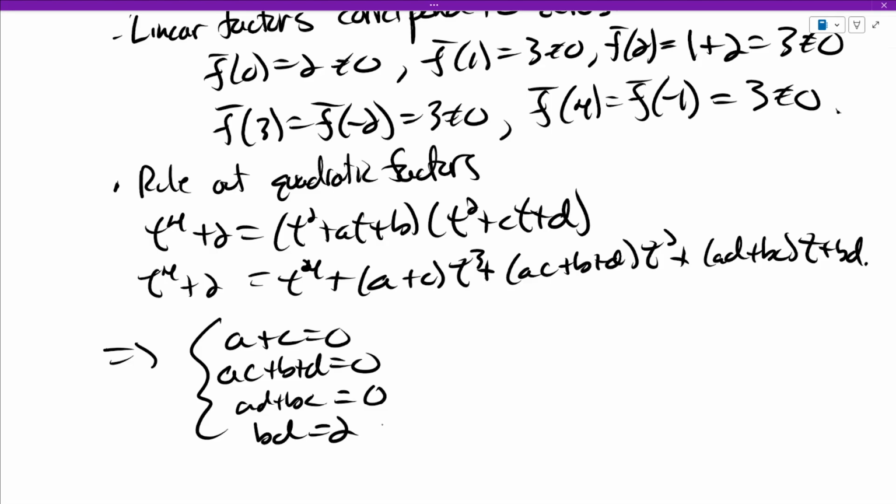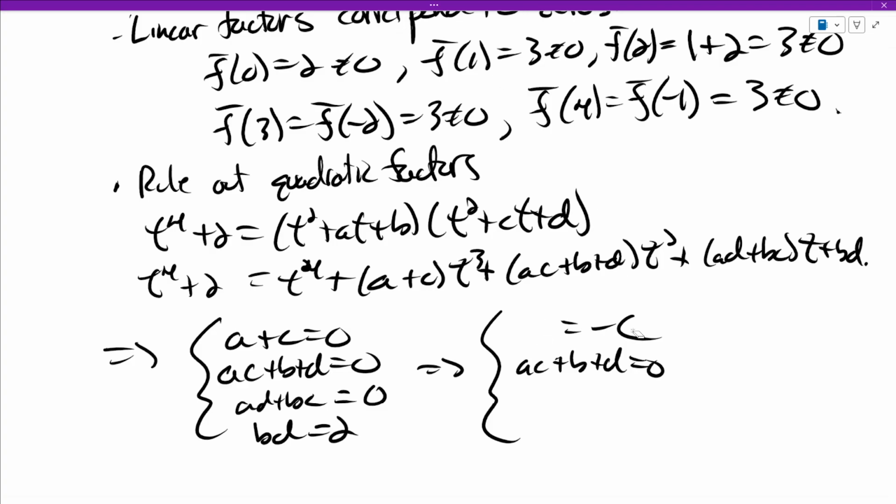All right, so let's see. Let's go ahead and observe that the first equation we can write as A is negative C. I don't want to plug it into the second equation yet, we'll plug it into the third equation.